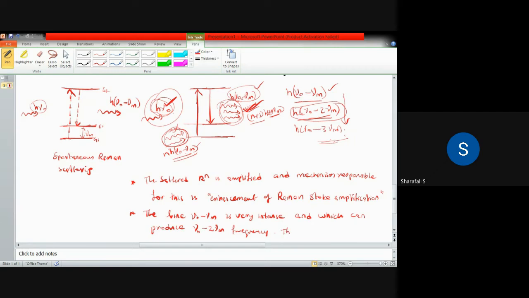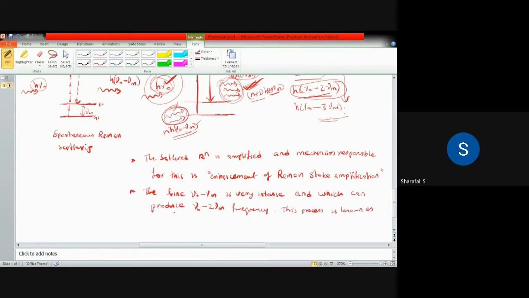And this process continues. Okay, this process is known as stimulated Raman.